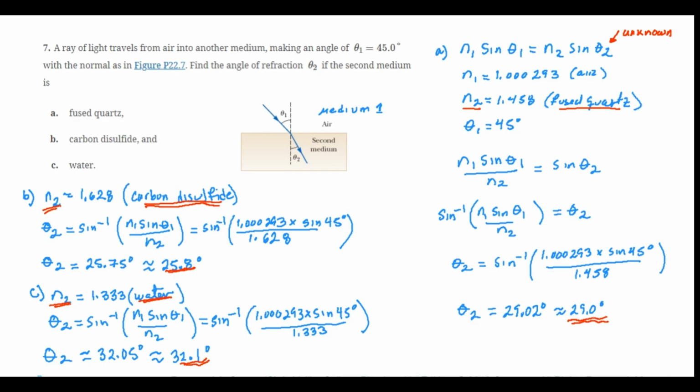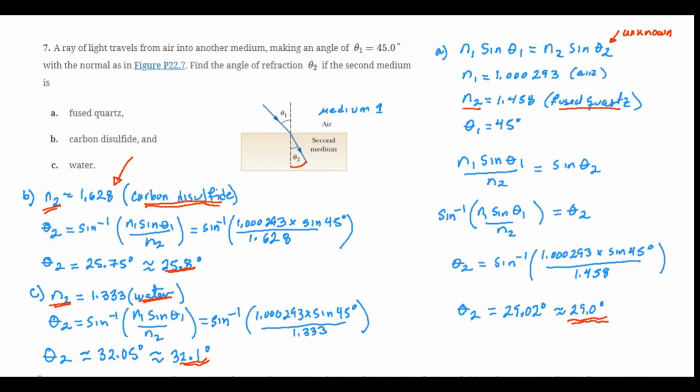So for this higher index of refraction, this angle is lower, which means that the refracted ray moves more toward the normal. It's closer to the normal. Okay, so that is an important conclusion from this part, and that corroborates what we mentioned in the theory.